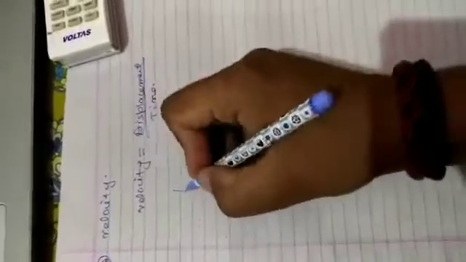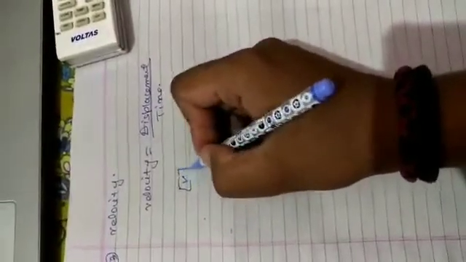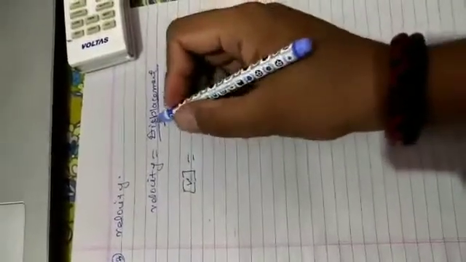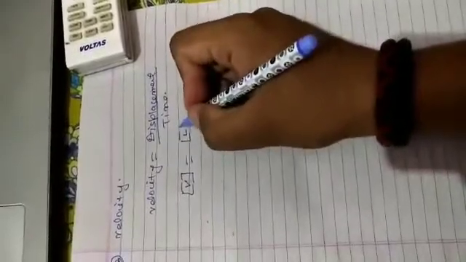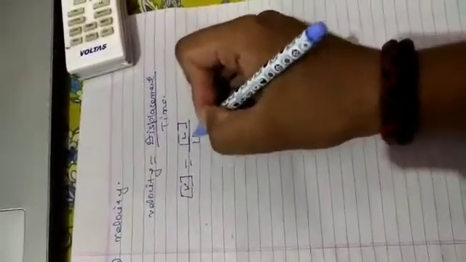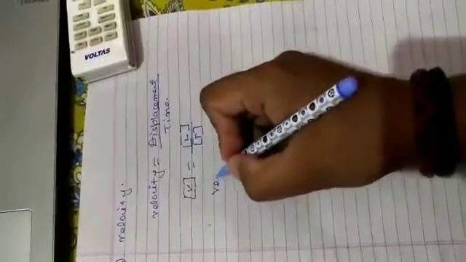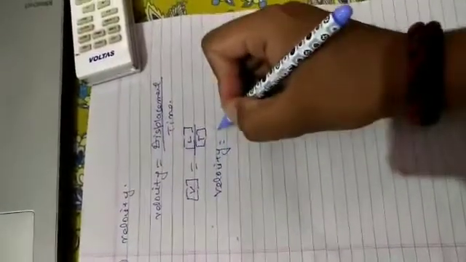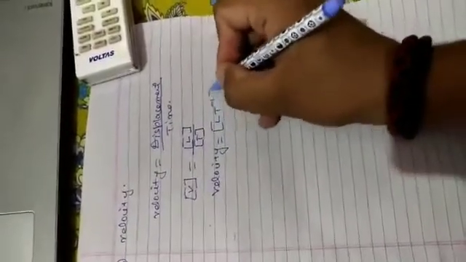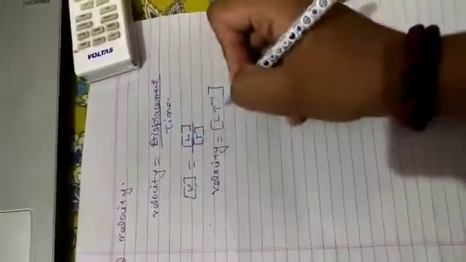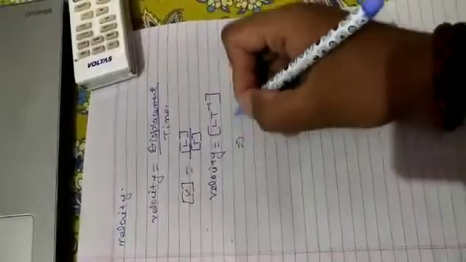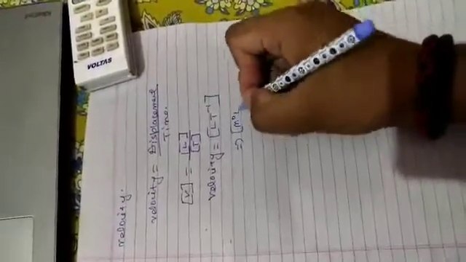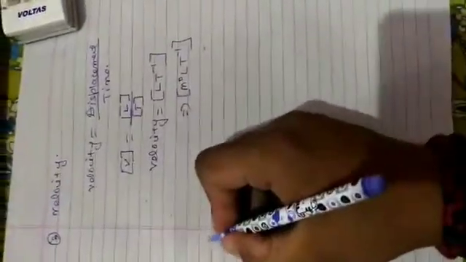So velocity is denoted by V as a dimension, and displacement will be in the form of L, and upon time, time is T. So velocity will be L T minus 1, because this T will go upside and it will give us a negative sign. But if we want to express it in MLT form, then M0 L T minus 1 will be your dimensional formula.